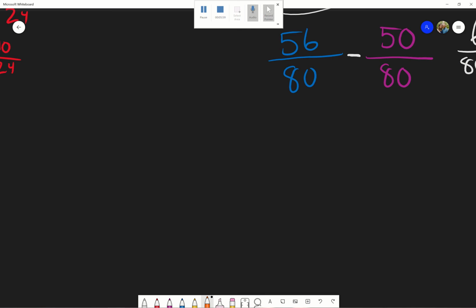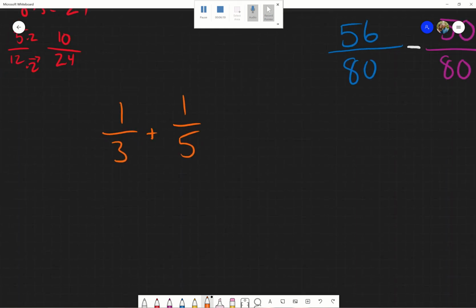Another example might be, let's say 1/3 plus 1/5. Okay, we're going to take our first fraction and multiply both values by our second denominator.